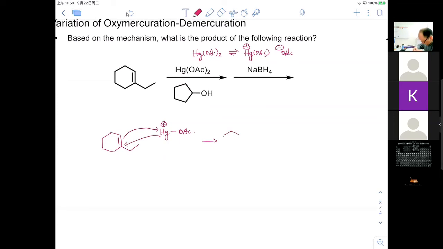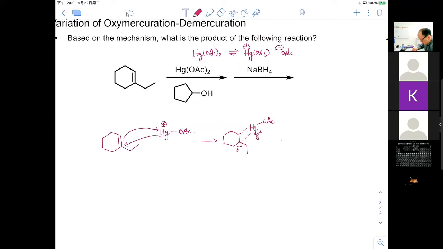So what do we have? We have a mercury with a partial positive charge here, partial positive charge here. Okay, then the OAc is here. Okay, then what do we have here?